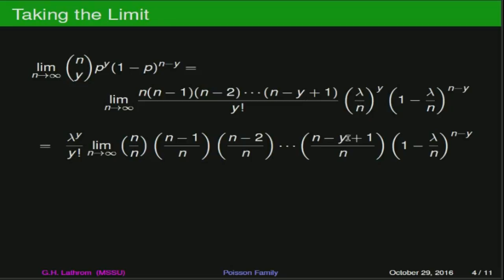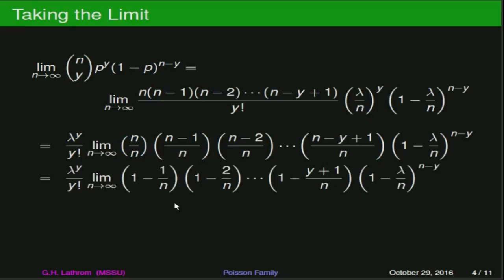Now, with this n to the y, we're going to take each one of those factors and put it under one of the factors left over from the numerator of our factorial. So we'll have n over n, n minus 1 over n, n minus 2 over n, all the way down to n minus y plus 1 over n. Then with a little algebra, those all become 1, 1 minus 1 over n, 1 minus 2 over n, all the way down to 1 minus y minus 1 over n.